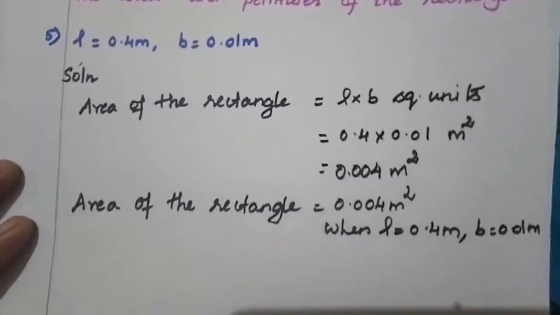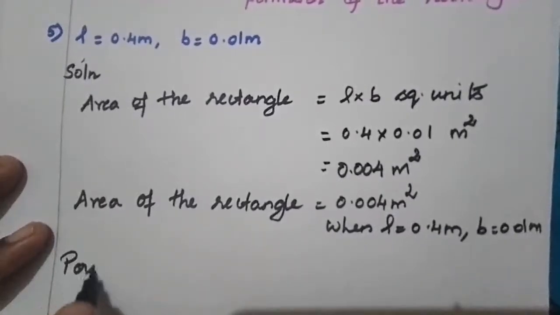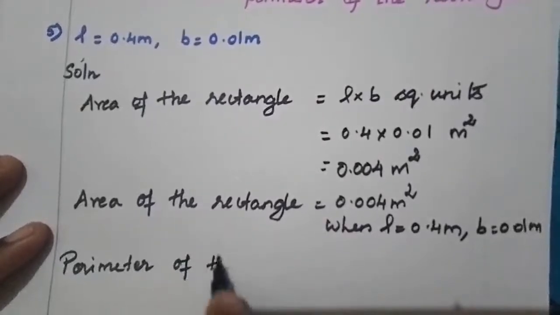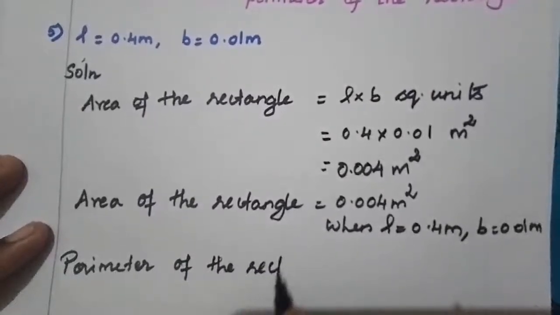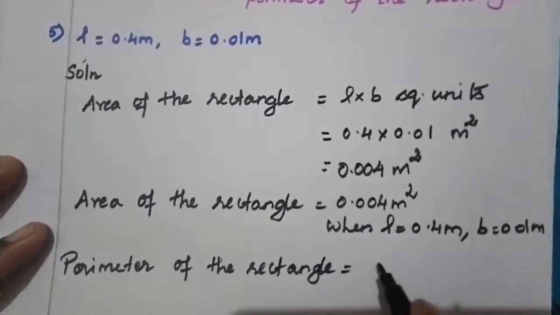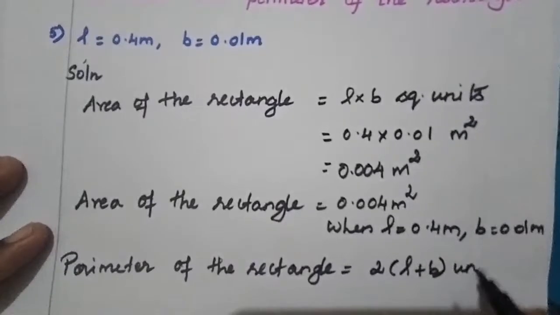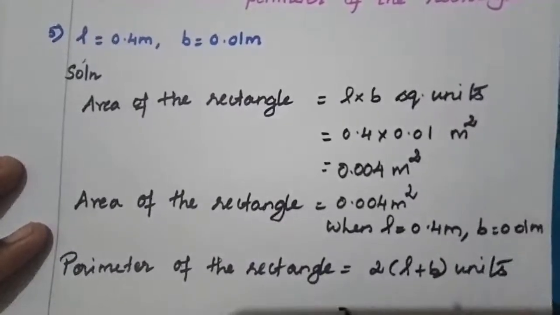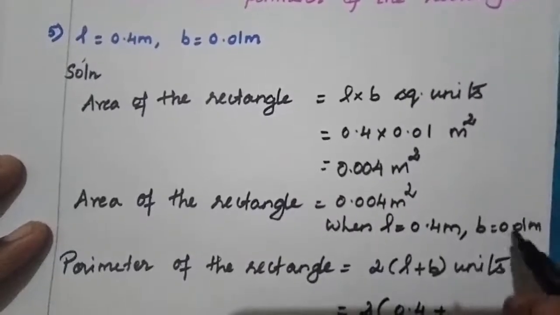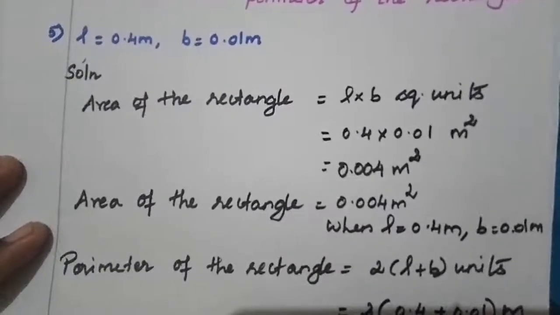What's the next step? Yes, we have to find the perimeter of the rectangle. What's the formula to find the perimeter of the rectangle? Yes, 2 times (length plus breadth) units. 2 into (0.4 plus breadth 0.01), and your unit is meter.